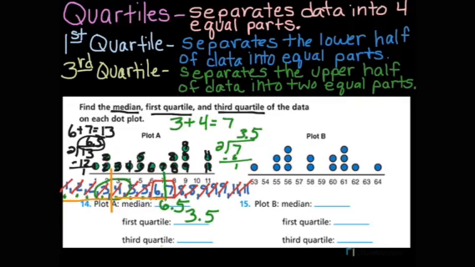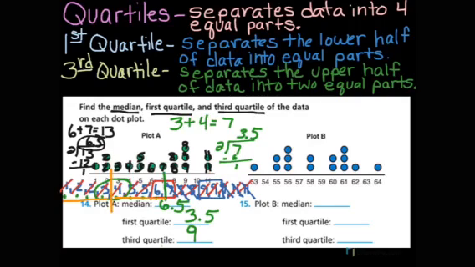Another thing I could do is I could cross them the other way. You need to do what is clear to you and what is easiest. So I'm going to do the 7 and the 11, the 8 and the 11, the 8 and the 9, and I'm left with 2 9s in the middle. They're both the same number, so I know the third quartile is just 9.